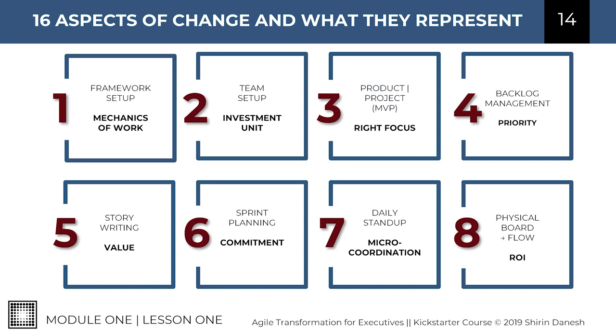When you are able to see the flow, you can see the progress of work. You can see which stage is overloaded, and which stage is probably a little bit light and people are idle. And what's important about this one, it's a representation of return on investment, ROI.